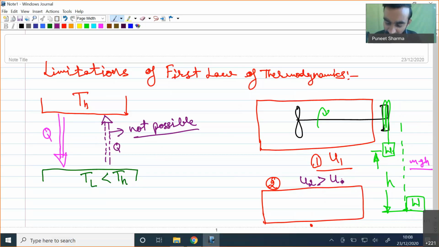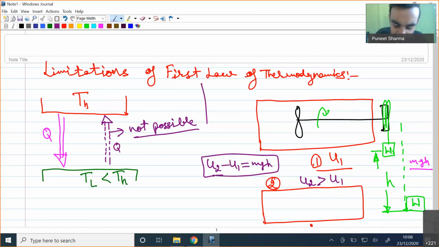And by what amount will it be greater? Basically, U2 minus U1 will be nothing but equal to mgh. In this particular case, this weight has moved through some height h, so the change of potential energy is mgh.